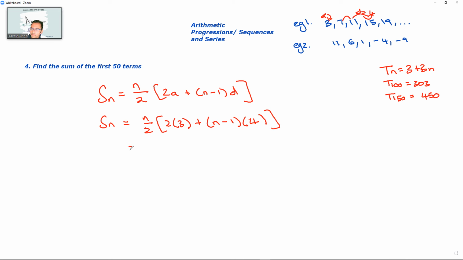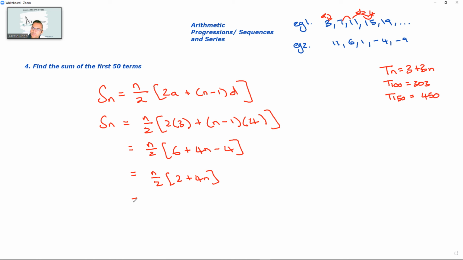And that becomes n over 2 times (6 plus 4n minus 4). 6 minus 4 is 2, plus 4n.